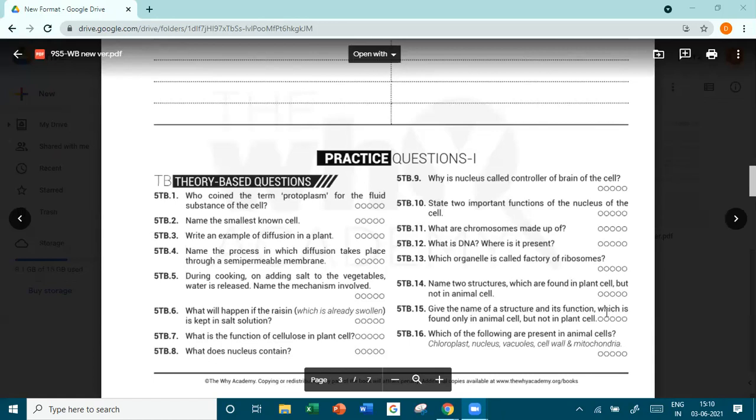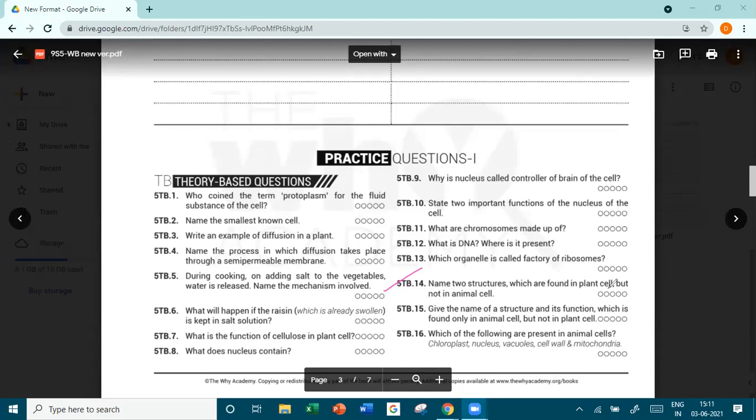We'll do both. Okay, so name two structures which are found in plant cell but not in animal cell. You can answer. Ma'am, one is cell wall. Okay, and chloroplast, yes, correct. Yes, Ashka, chloroplast is correct.